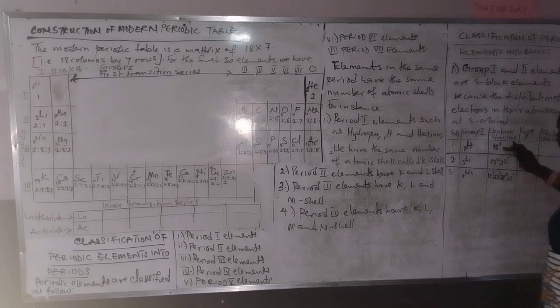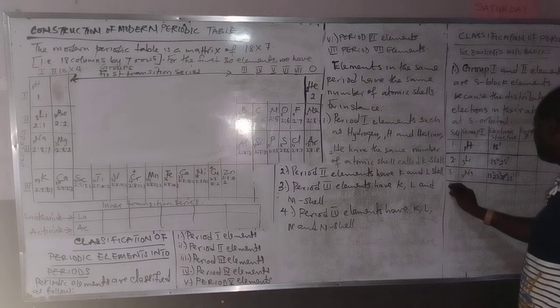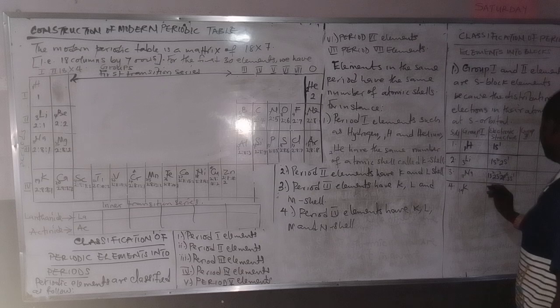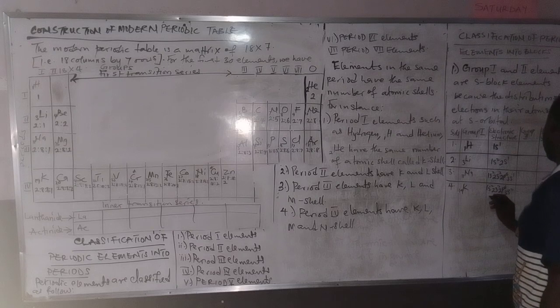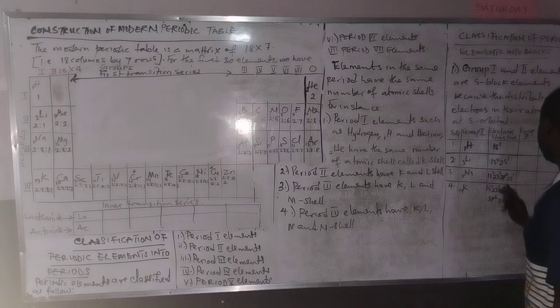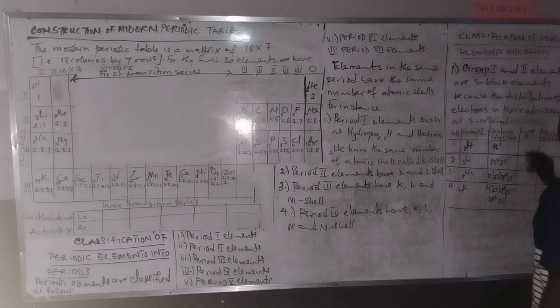You can see that all of them end in s. Then the next one, number 4, is potassium 19: 1s2, 2s2, 2p6, 3s2, 3p6, 4s1. It ends in s. That's why it's an s block element. So these are group 1 now. Let's look at group 2.